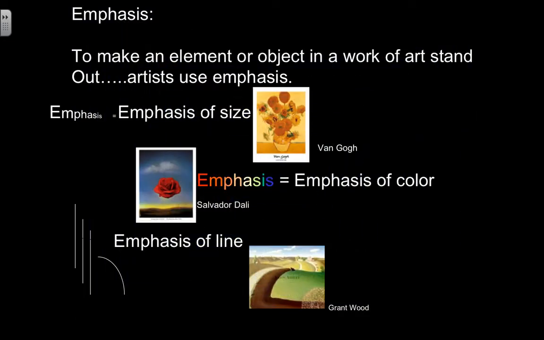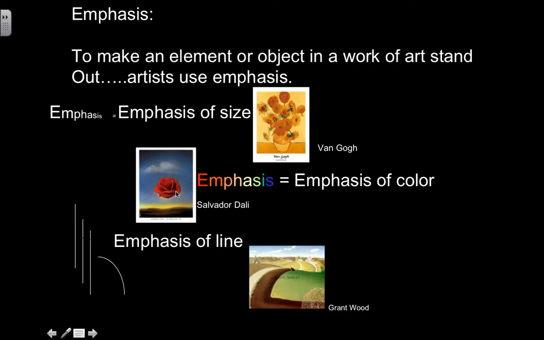So if we take a look, to make an element or object in a work of art stand out, the artist uses emphasis. They may change the size of different items, so if we look at Van Gogh's painting of the sunflowers here, some of the sunflowers are very large and also a more bold color that stands out from the background of yellow.